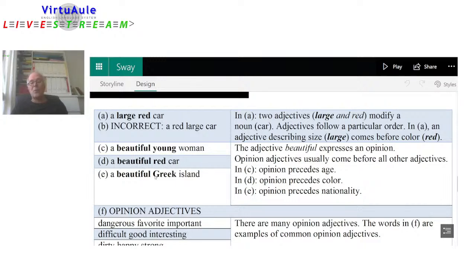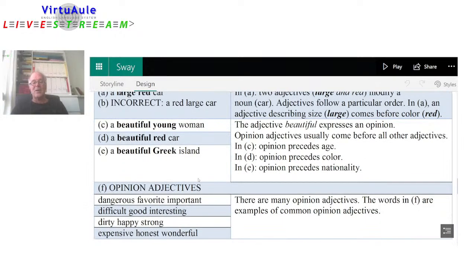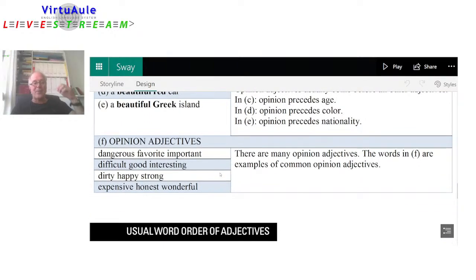A beautiful Greek island. Greek is a nationality. It's where something comes from. We could also say the origin of a place, of a thing. So, if you were to use three adjectives, then you have to really think, because you have to know a little bit more. Let's look at opinion adjectives.